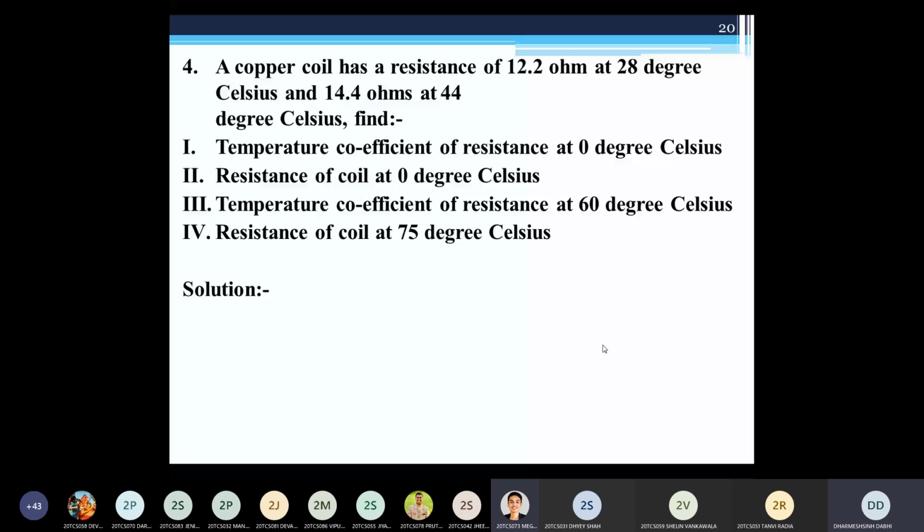Degree Celsius. The unit of the coefficient is Celsius inverse. Yes, Celsius inverse. All of you please calculate first alpha 0, the temperature coefficient of resistance at 0 degrees Celsius. Those who have calculated, please calculate second, third and fourth.